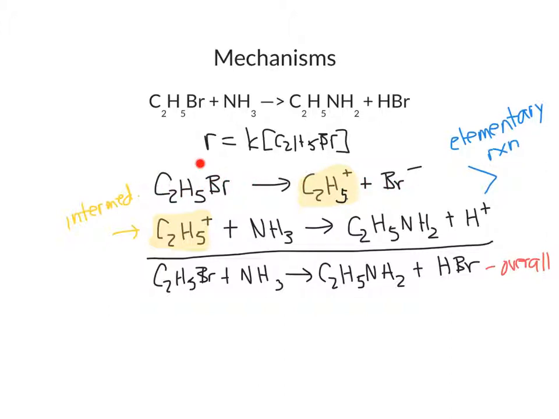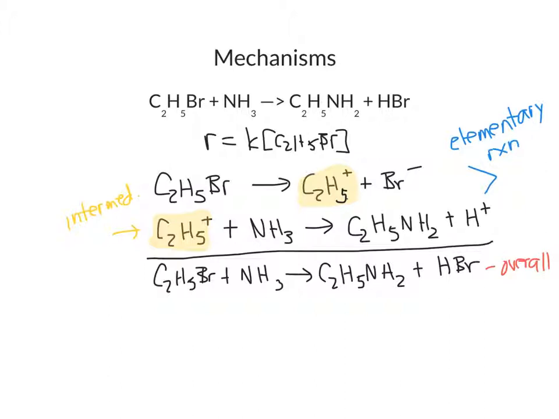So one of these molecules falls apart to form this cation and this anion. And then these cations that are formed collide with an ammonia to form the final product and an H+. And then the HBr is formed from the cation and the anion of the two elementary steps.